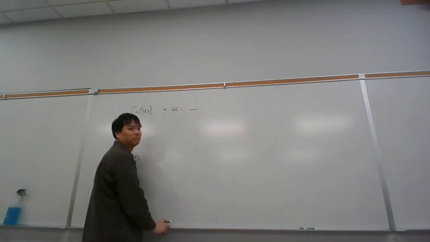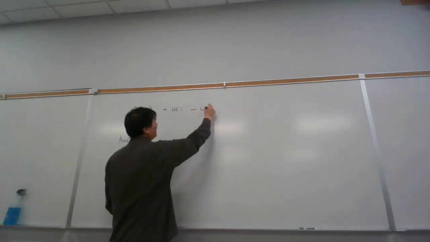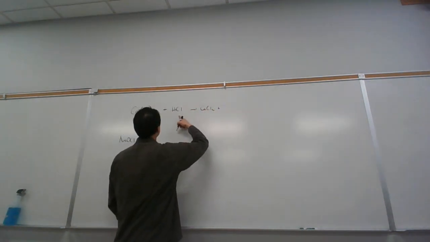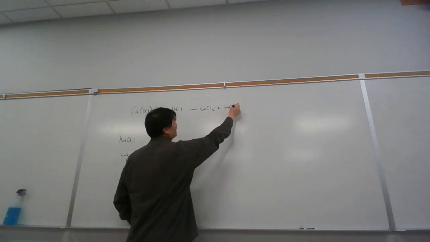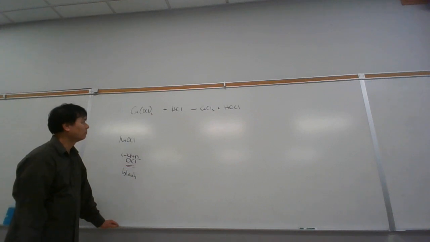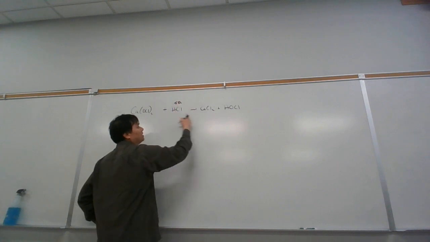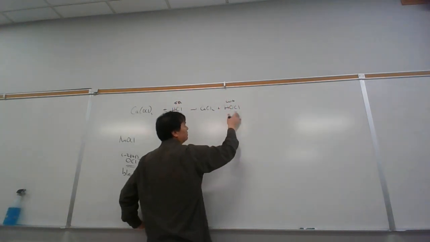What is it going to form? It's going to form calcium chloride and HOCl. Is there a driving force? Yeah, there is a driving force. We're going from stronger acid, HCl, to weaker acid, hypochlorous acid.